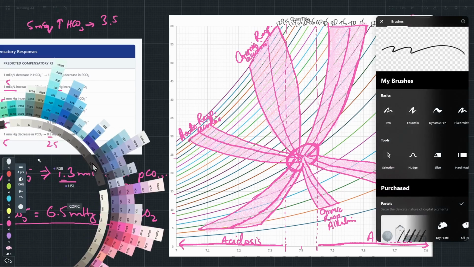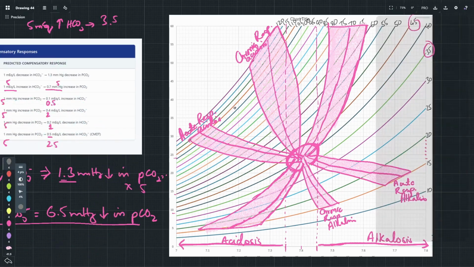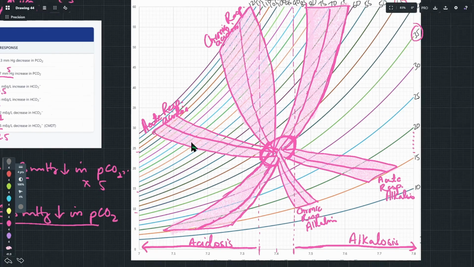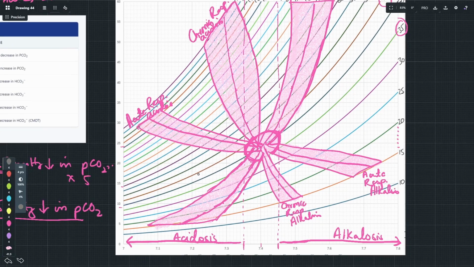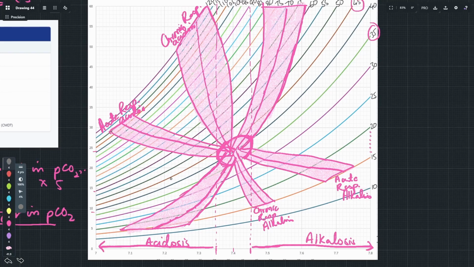So for example, let's suppose that I give you a report, and on that report PCO2 is about 32, and pH is about 7.3, and HCO3 is about 15.